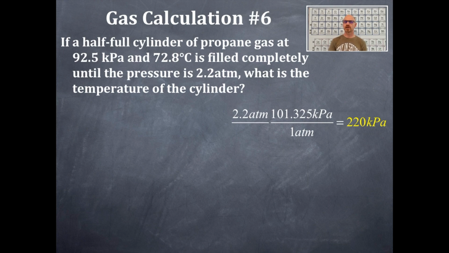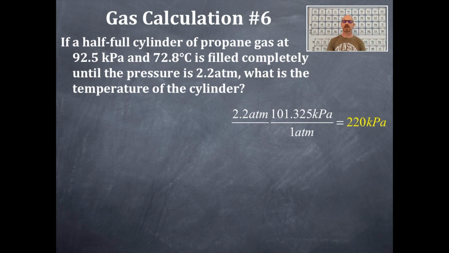2.2 atmospheres has two significant figures, so I'm going to maintain two significant figures in the answer after this conversion. 1 atmosphere is 101.325 kilopascals, and both those numbers have an infinite number of significant figures. So I have 220 kilopascals, no decimal, which has two significant figures just like the 2.2 atmospheres.